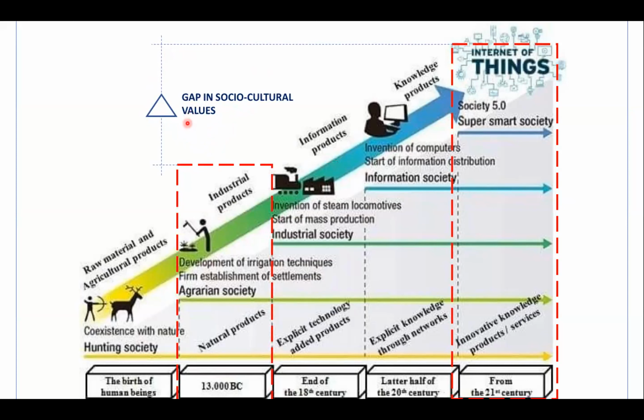The important thing is to know the impact or effect if we transform from 2.0 to 5.0, or maybe society 4.0 to 5.0, information society to smart society. There is always a gap in value, in socio-culture, in education, in technology, etc.